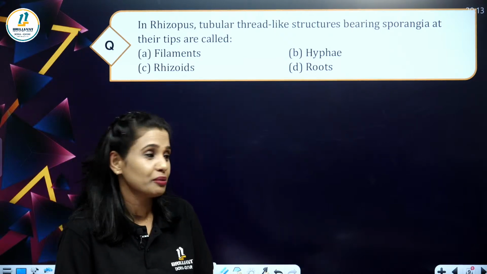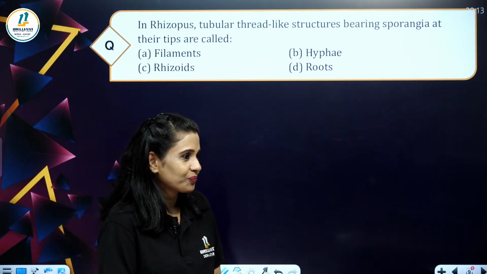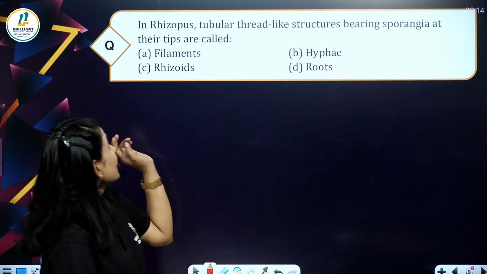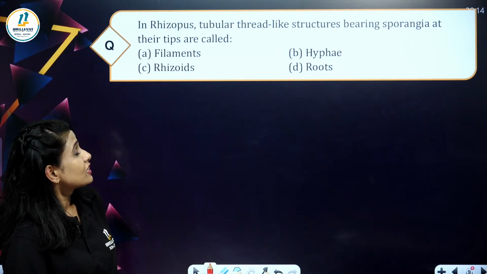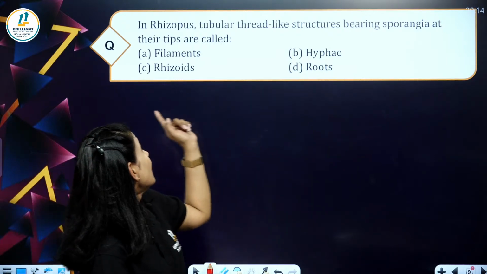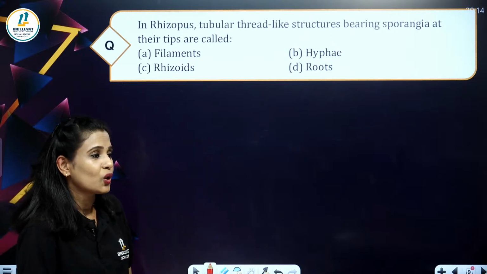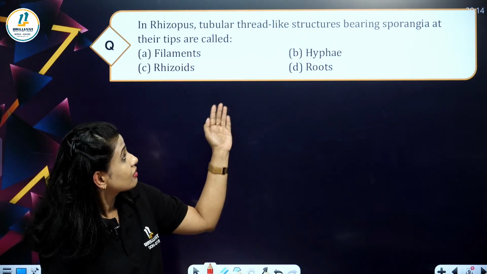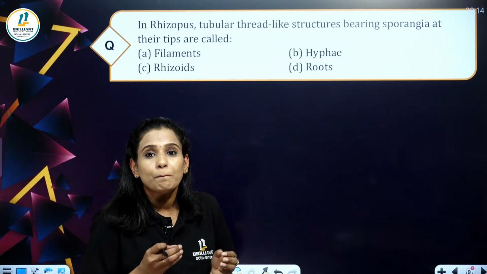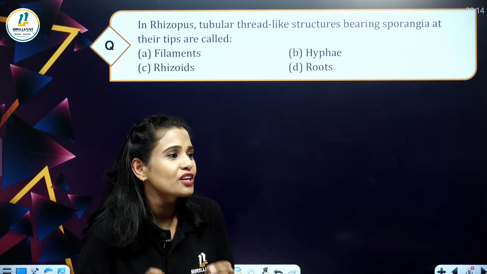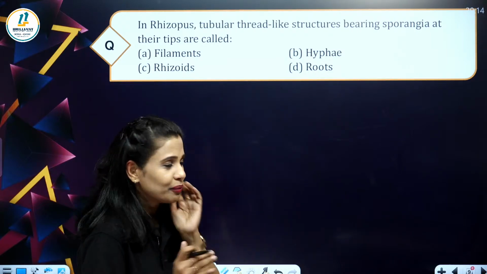How do organisms reproduce? Okay. Let's do the next question. In Rhizopus, tubular thread-like structures bearing sporangia at their tips are called what?